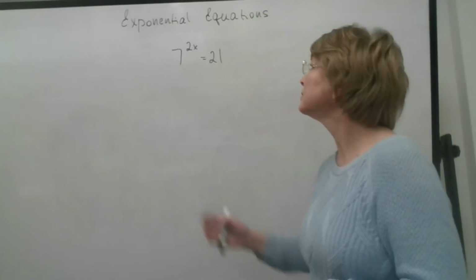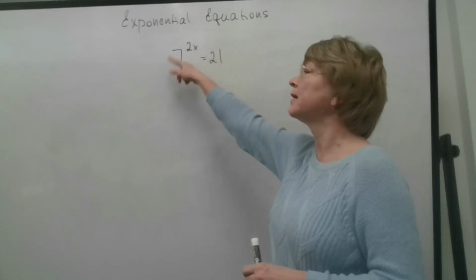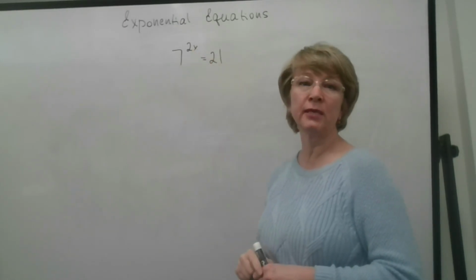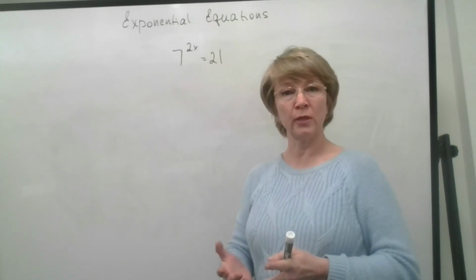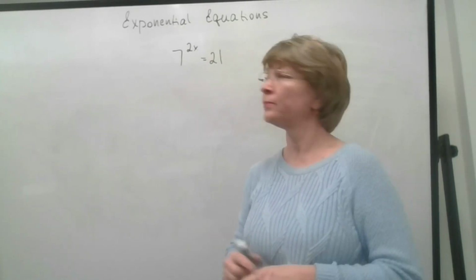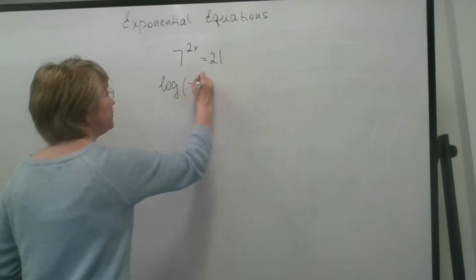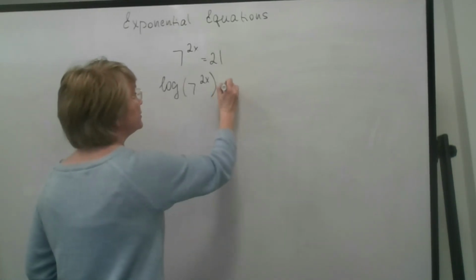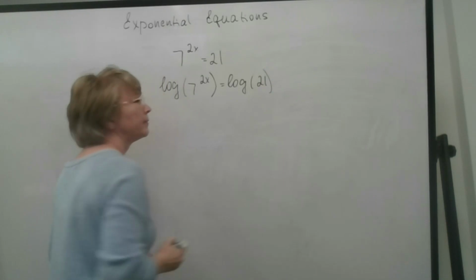This is the last equation for today. Again, this is an exponential equation because my variable x is an exponent. And step number 1, use logarithm on both sides. Logarithm of 7 to the power 2x is equal to logarithm of 21.